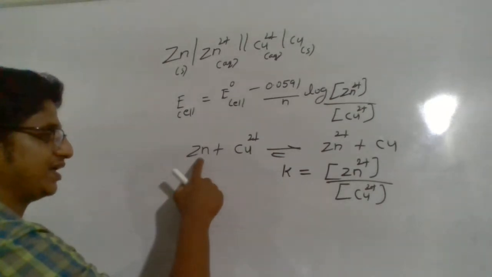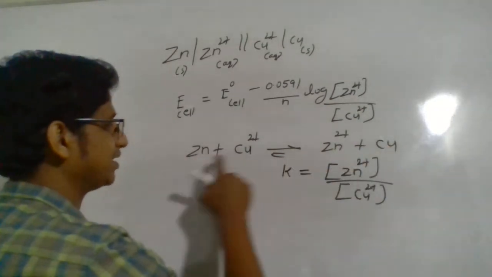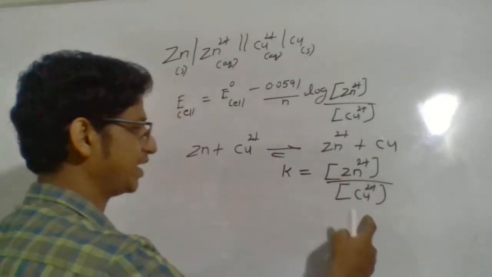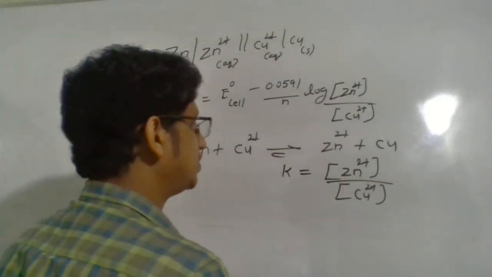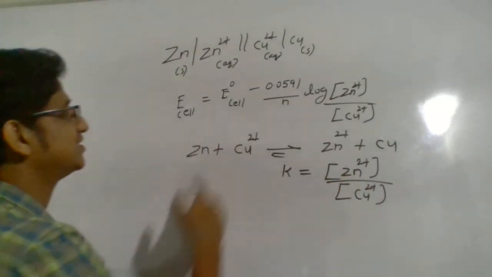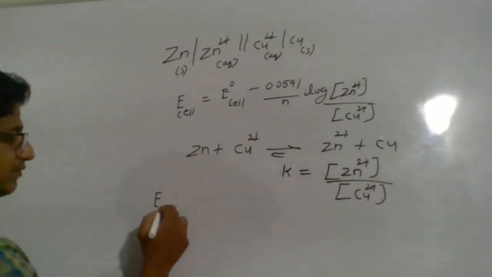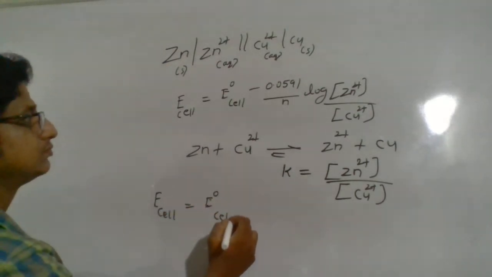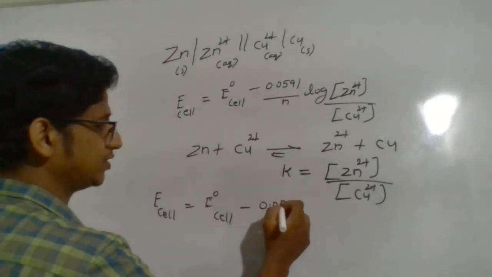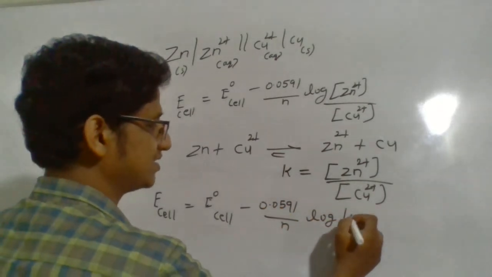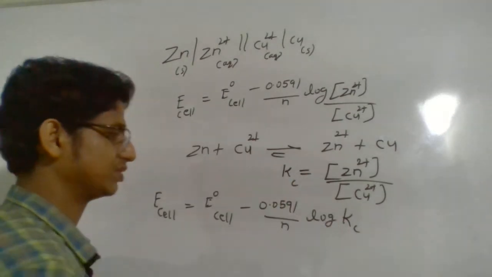So the concentration of Zn is also equal to unity. Concentration of product means Zn2+ only, and concentration of reactant means Cu2+ only. So that's the way you can think. K will be equal to this. So let us substitute: E cell is equal to E0 cell minus 0.0591 divided by n log Kc, where Kc is the equilibrium constant.